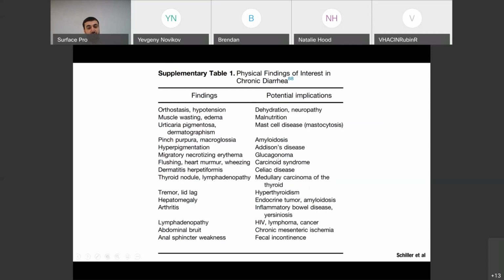With a glucagonoma, you can get the classical migratory necrolytic erythema. Celiac disease, this one's very important to know: dermatitis herpetiformis is a herpetic-like rash on the skin. And then you can have signs of hyperthyroidism on your exam, and some other physical exam findings that may tip you off.